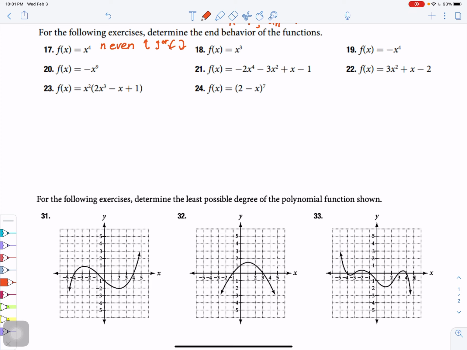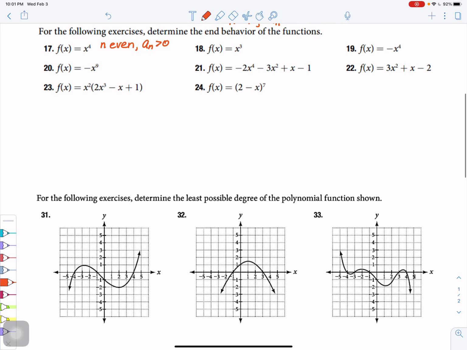I just want to talk about that. The leading coefficient is 1, which is positive, so both ends go up, okay? So let's go ahead and write that. N is even, a sub n is positive. So both ends go up.